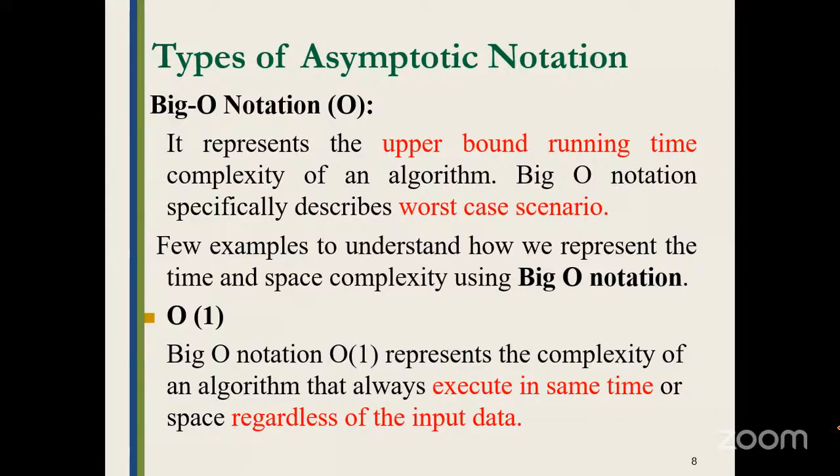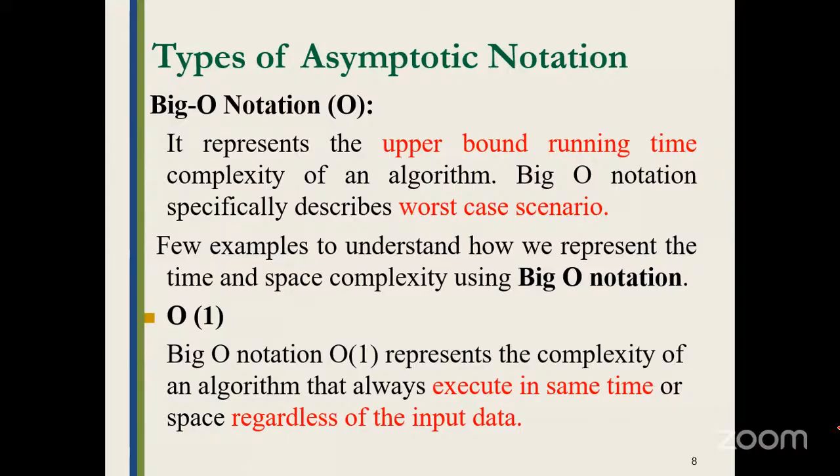In some cases, as I said just now, it might depend on processor speed and free time of the processor. Let us say one algorithm takes 1 second in some cases, or 4 seconds in some cases. The upper bound limit is 4 seconds. So we are focusing on the upper bound in this case.